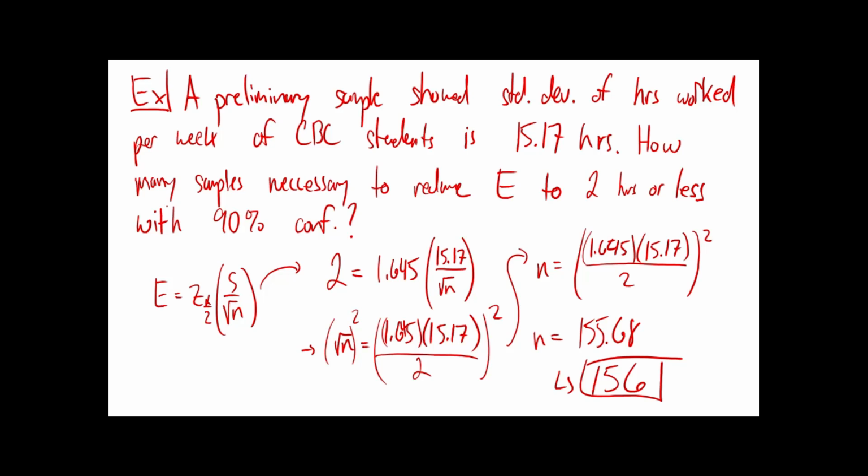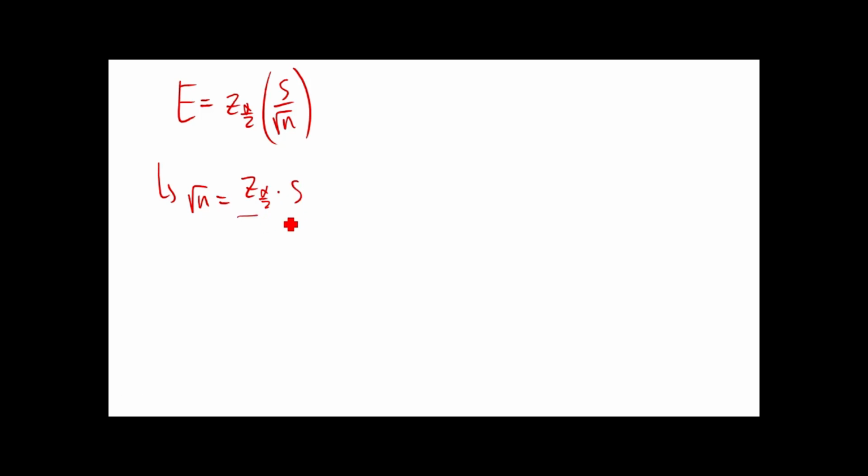Now again, you'll notice that all we did was solve algebraically for n. So we could have done that up front. When we were at e equals z alpha over 2 times s over root n, you could do the same exact steps and then square both sides. And so you can get a general formula here.